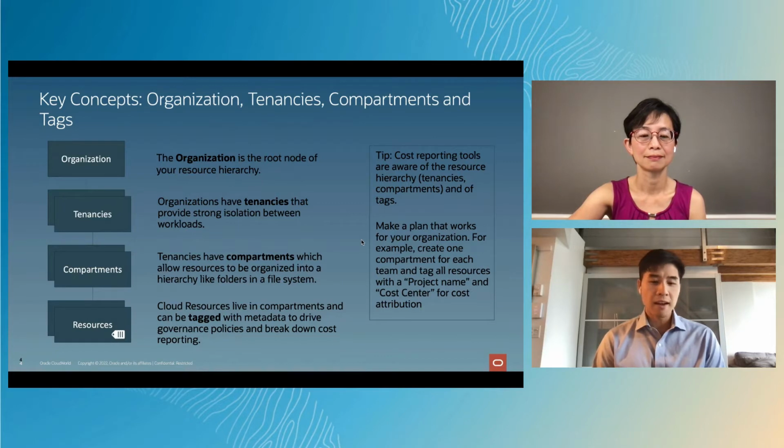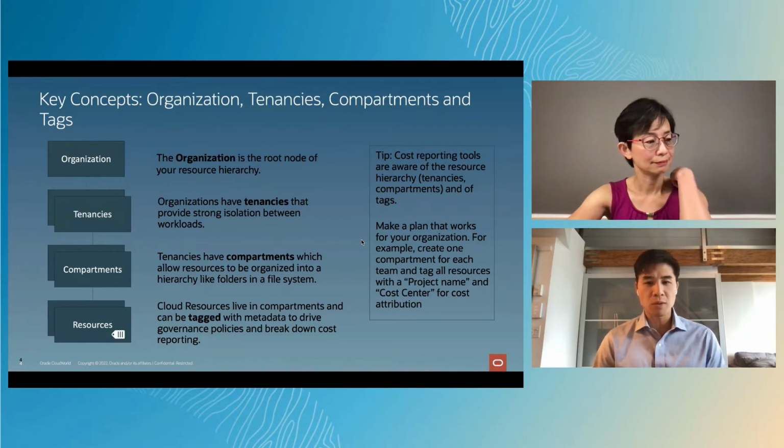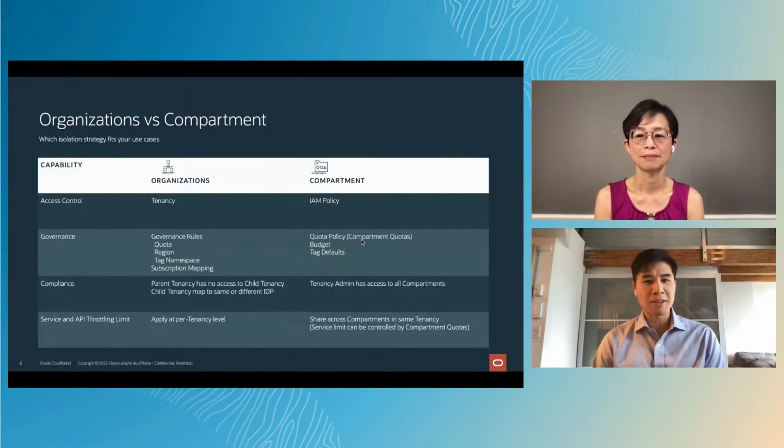Whether you're a single business or an enterprise business which resells to other customers, it's important to think about how you want to isolate your various teams or your customer segments. So next slide, please. And here, Joanne's going to be talking about some of these capabilities.